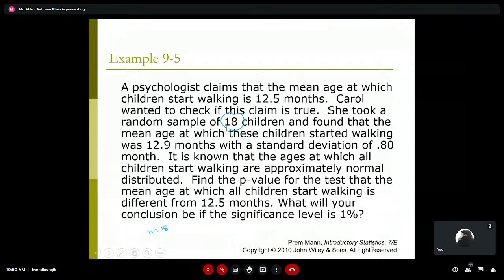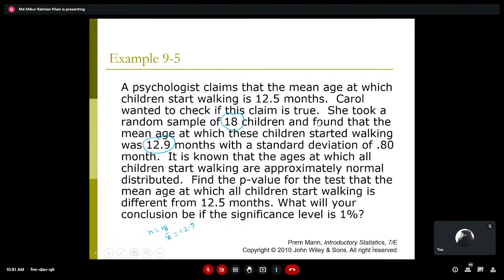She found that the mean age at which these children started walking was 12.9 months. So X bar is 12.9.